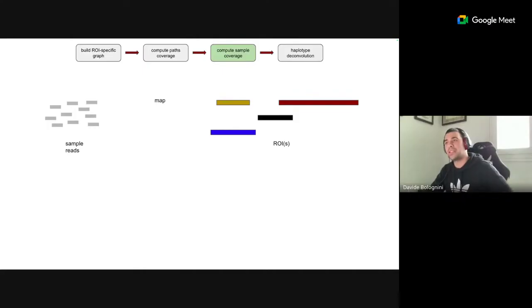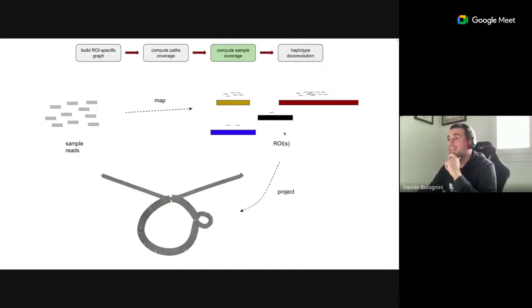But in practice, you can ideally think about extending this to Minimap2 with long-read presets if your inputs are reads coming from Oxford Nanopore technology sequences, for instance, or PacBio sequences. And once we have the reads mapped to the blocks that we have extracted from assemblies, we can project back the coverage that we have for each block into the graph.